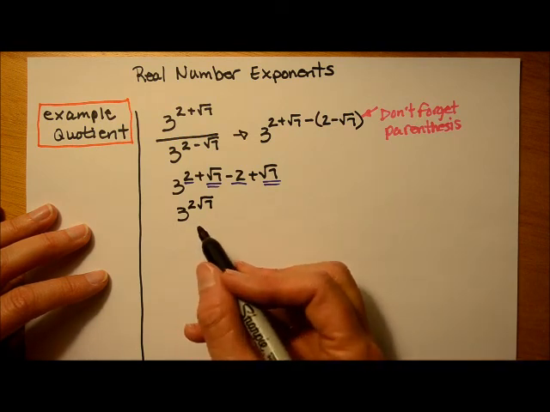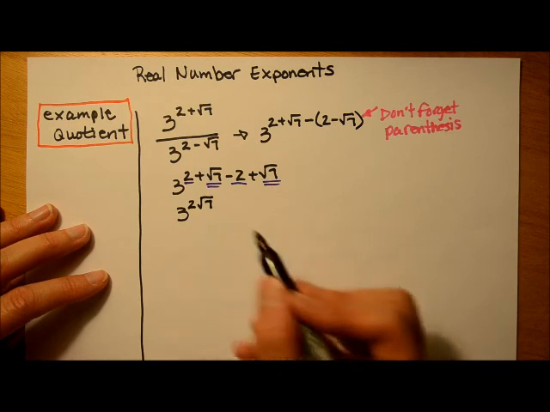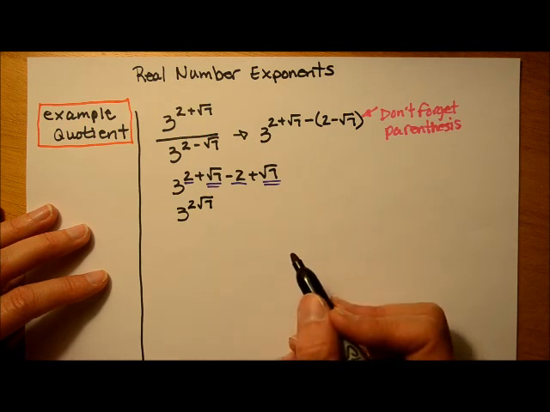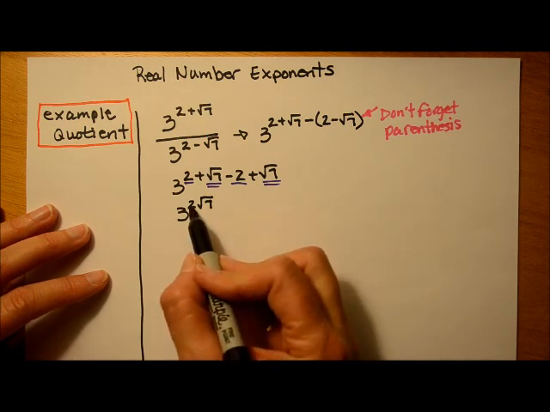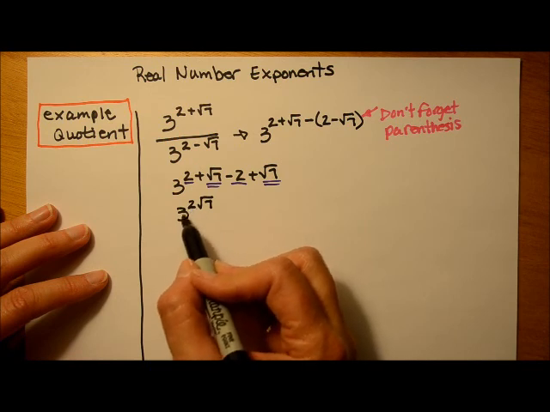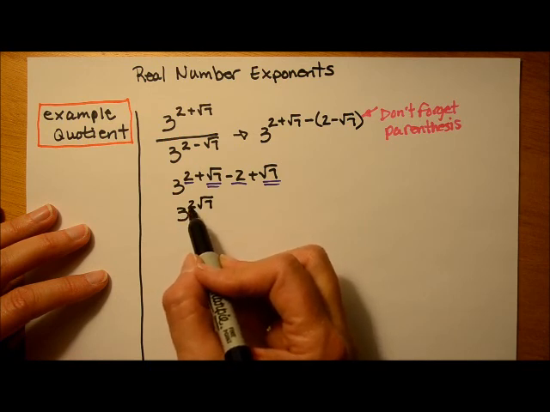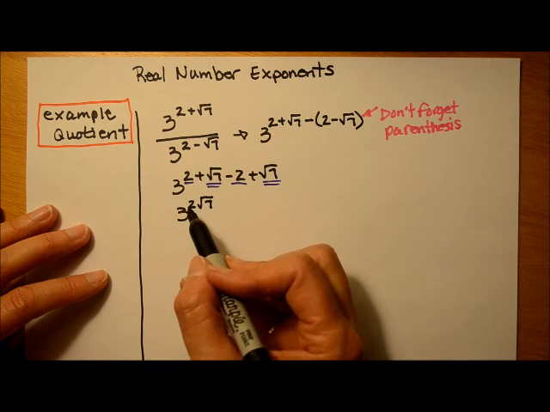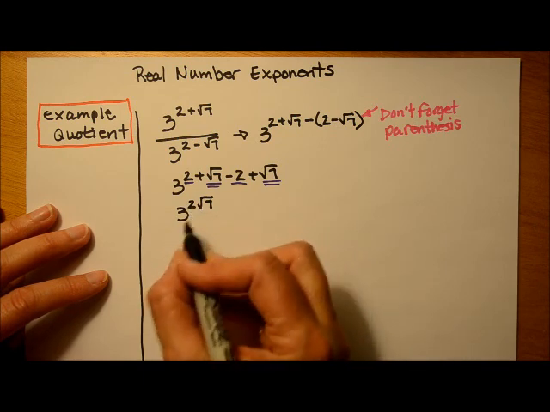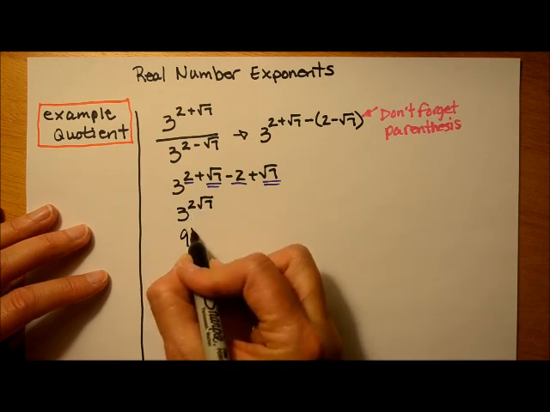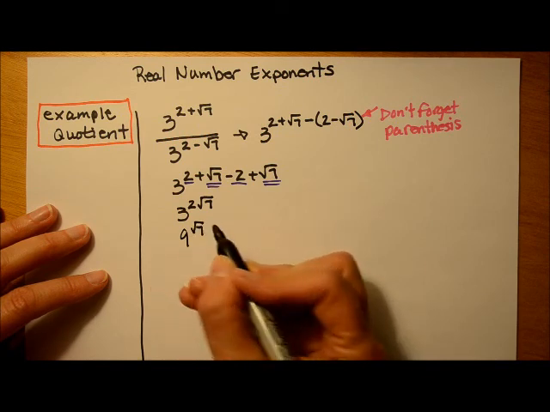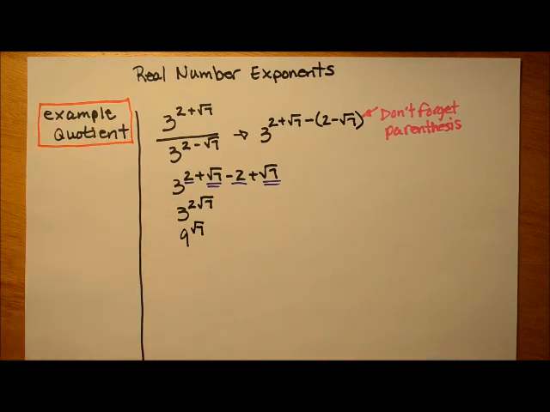Sometimes they show it like this and leave it like that. Sometimes, though, they'll go ahead and take the 2 and raise the base to the second power, or whatever number they have outside the radical sign. So it could look like this. It could look like that. Okay, so one of these two.